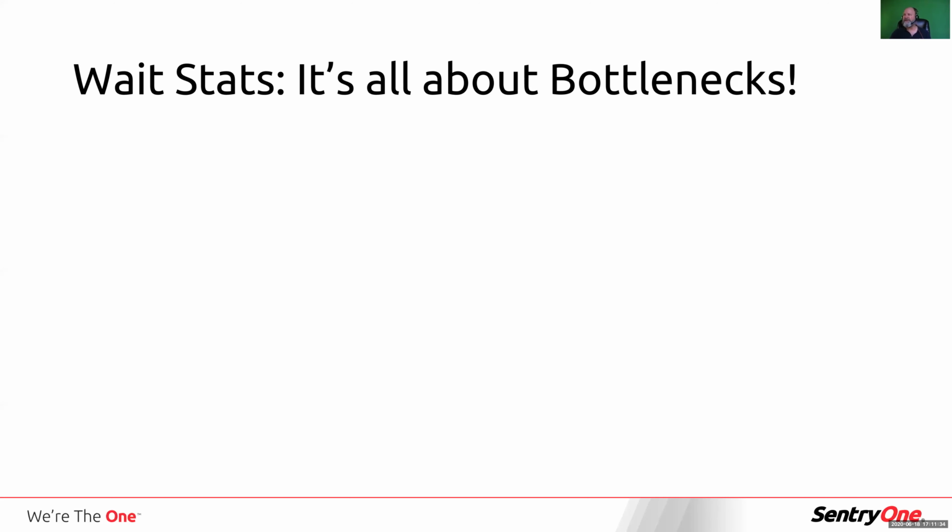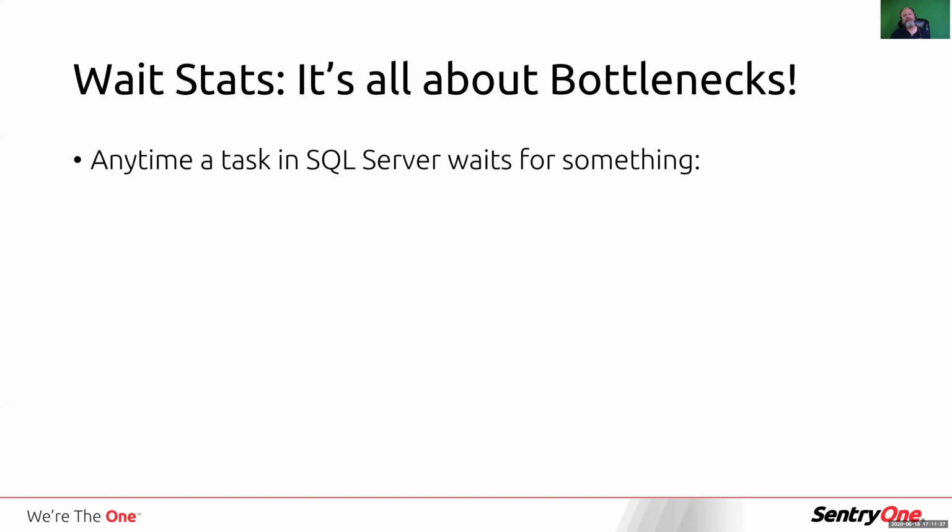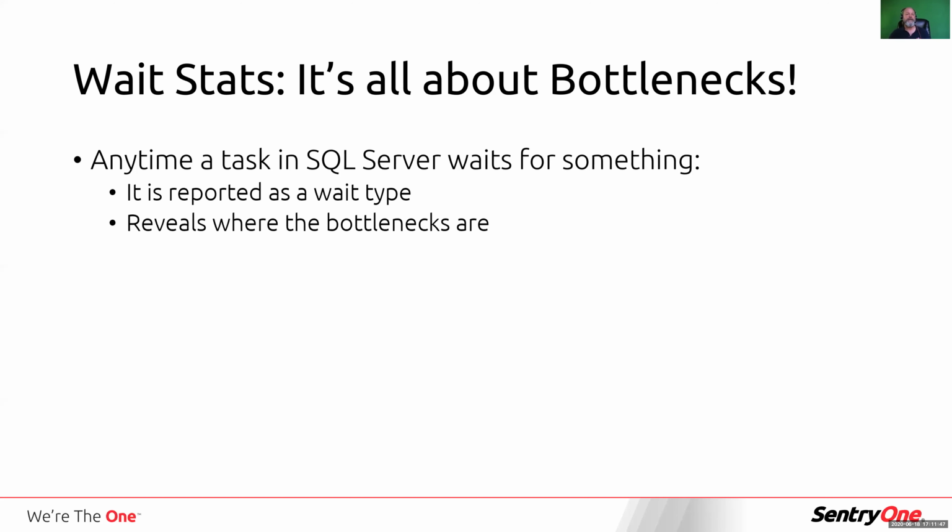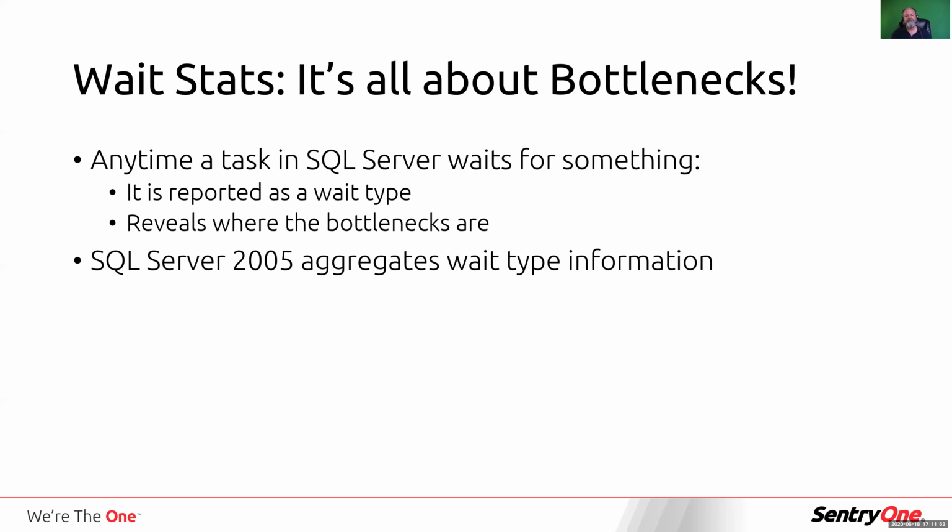But here's how wait statistics work. Anytime SQL Server has a thread, a SPID, that has to wait on something, it has a wait statistic which categorizes what it is waiting on. And that reveals the general category of resource problems that you're having on your SQL Server.